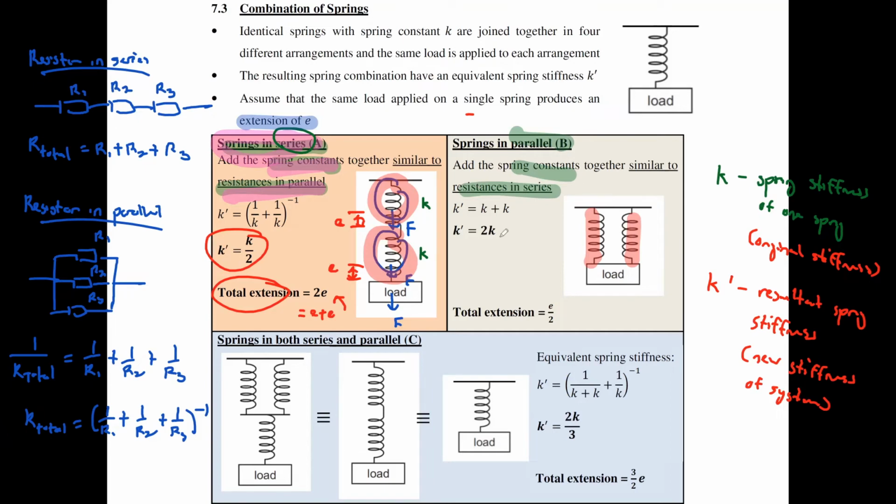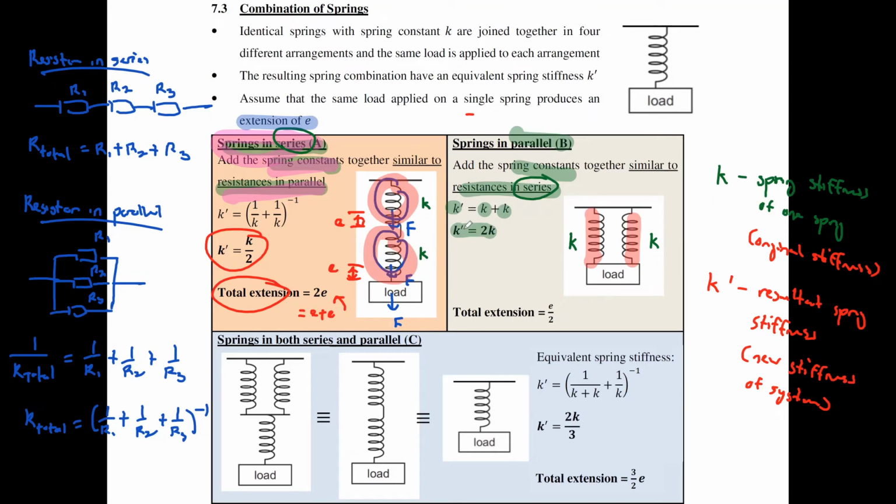So if I tell you right now, your spring constant here is K and K, but because they're arranged in parallel, you add them like you would resistances in series. So your new spring constant is actually just K plus K, giving you 2K.